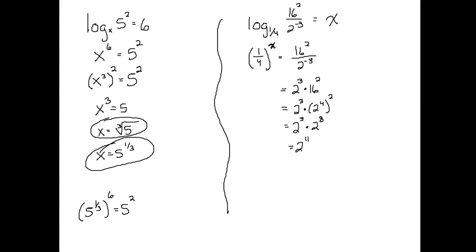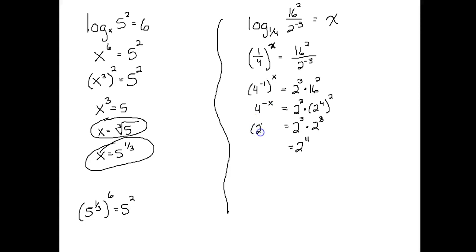I'm not going to multiply all that out and get this huge number right now, because I really want the bases to look the same on both sides, and then I can set the exponents equal. So what I'm going to do instead is concentrate on how I can get 1/4 rewritten as 2 to some power. Well, 1/4 is the same thing as 4 to the negative 1, so far I've got 4 to the negative x.